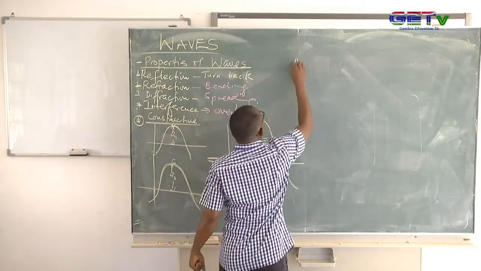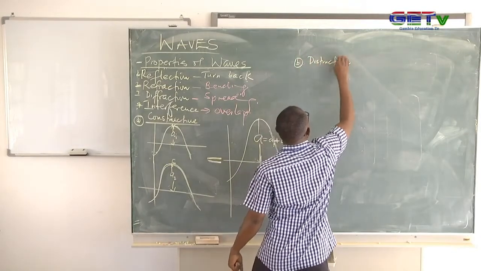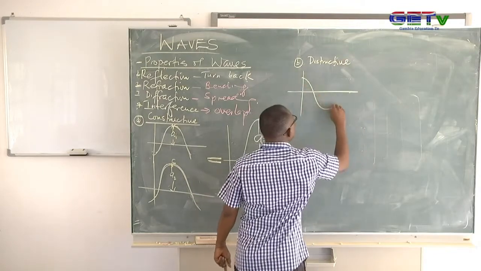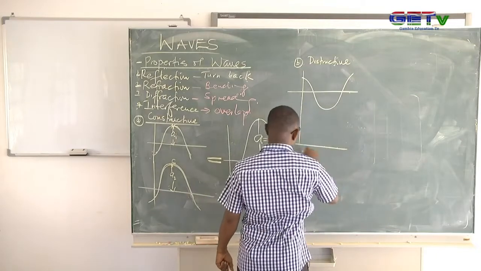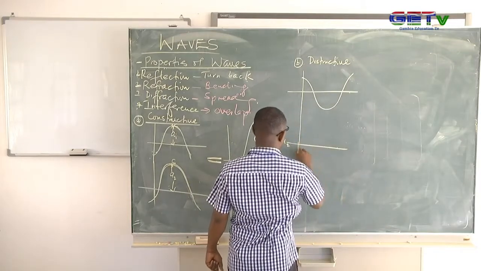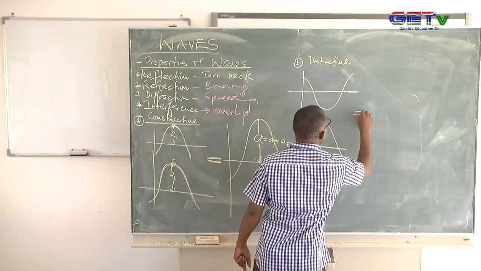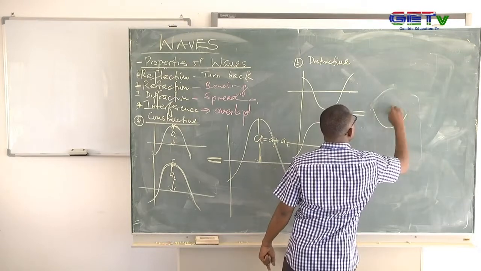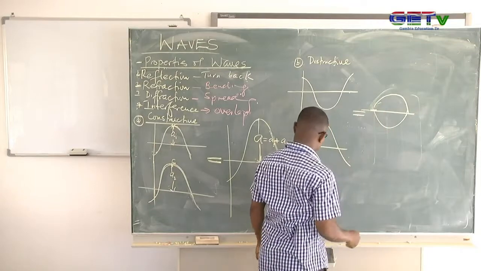We have destructive interference. For destructive interference, let me draw something here for you. We have one wave here, and another wave somewhere here. When these two waves interfere, they cancel each other.